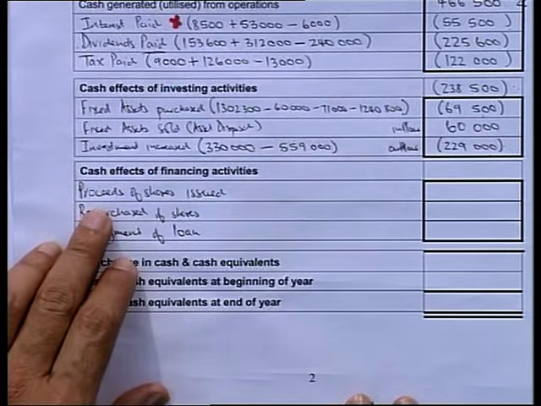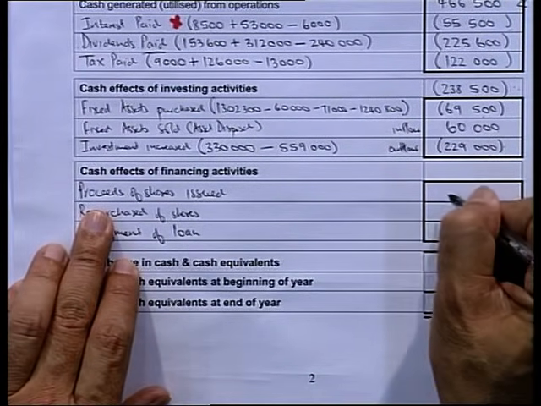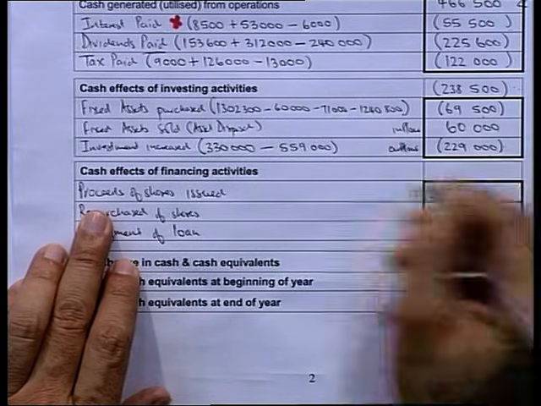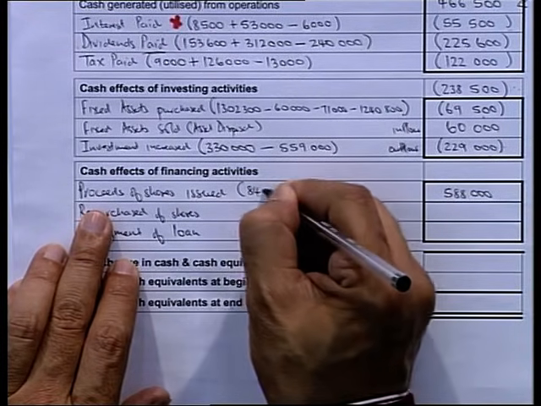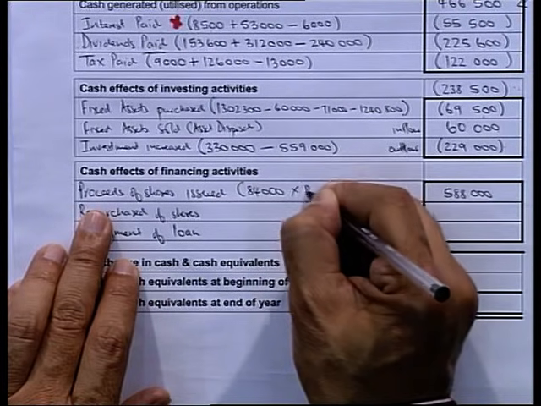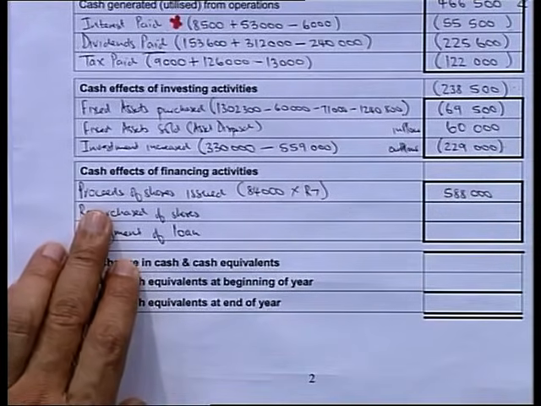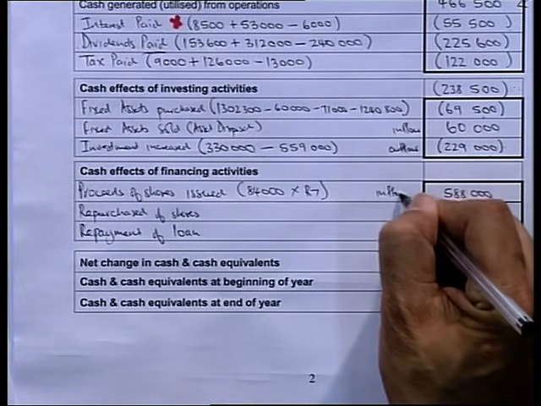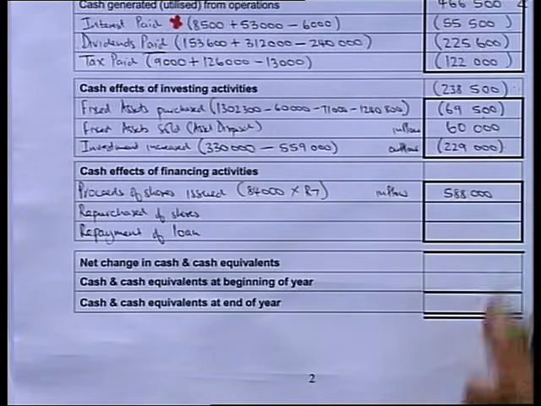So the proceeds of the shares issued is going to be 588,000. If we wanted to, we can just have 84,000 over here, multiply that with the 7 Rand, and that's how we got the extra shares, and that's going to be seen as an inflow. That's why we don't have any brackets around it.